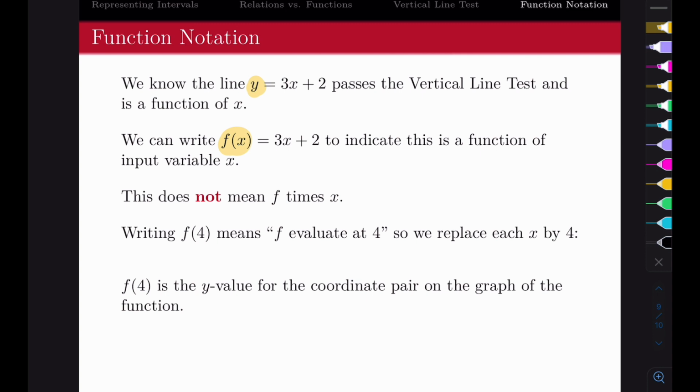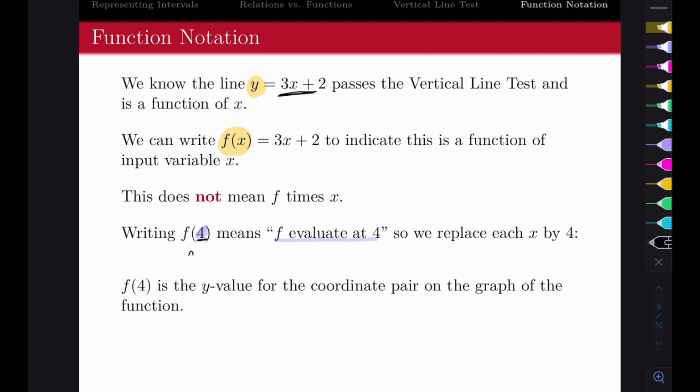So when we write things like f of 4, this is basically saying, okay, what is the y value of the function corresponding to x equals 4? Or you can think of it as f evaluated at 4. So in our original expression, we're going to replace all of the x's we see by whatever we have in here, which in this case is 4.